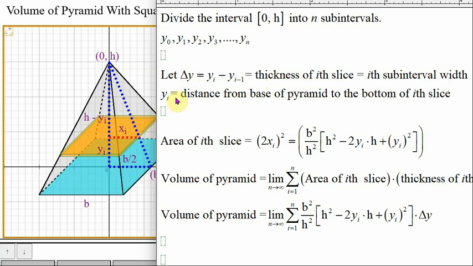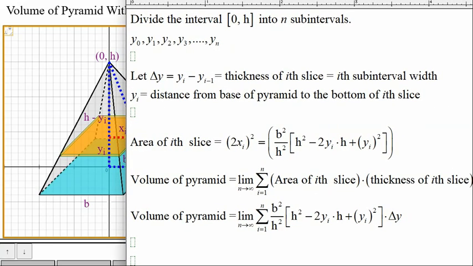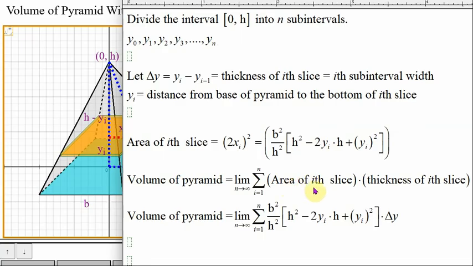And once again, y sub i is the distance from the x-axis up to the slice. And so this is the area of the ith slice that we saw a few moments ago. The volume of the ith slice is going to be the area of the ith slice times the thickness of the ith slice.